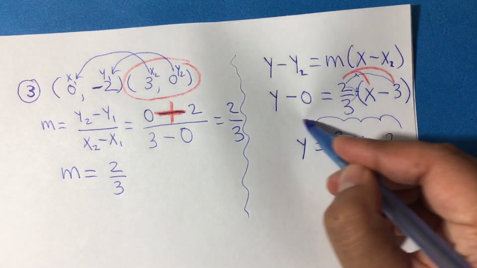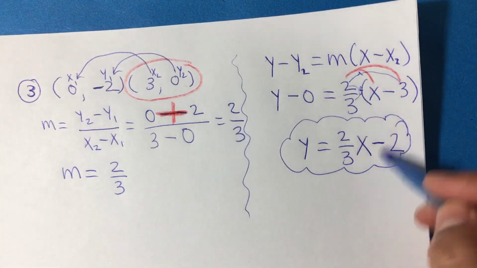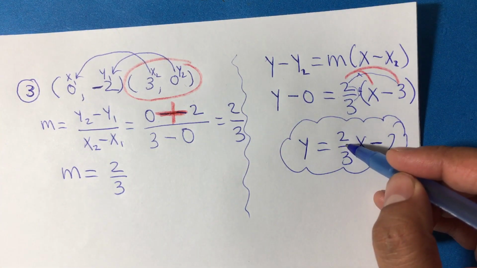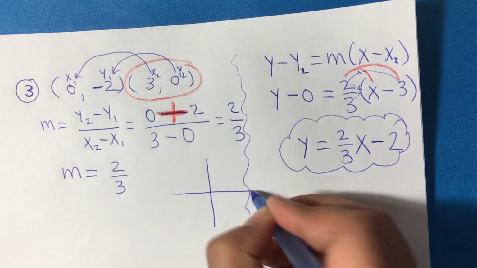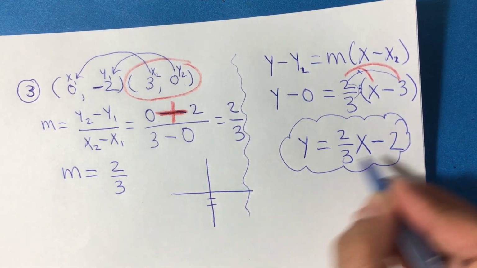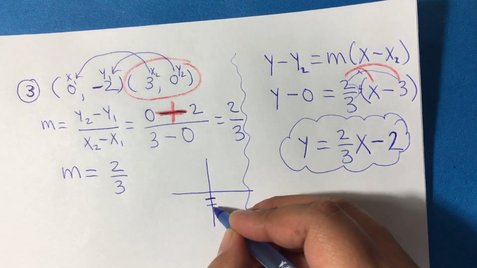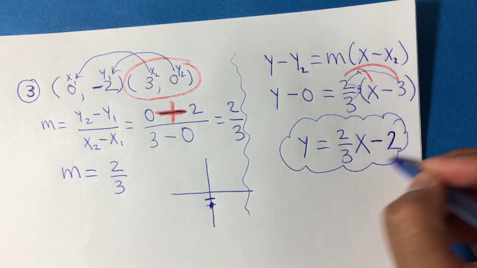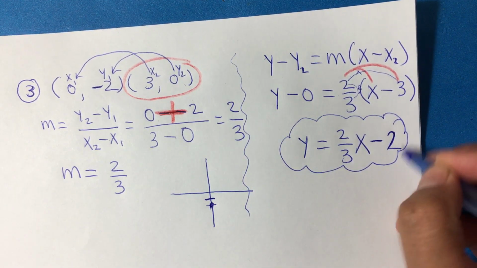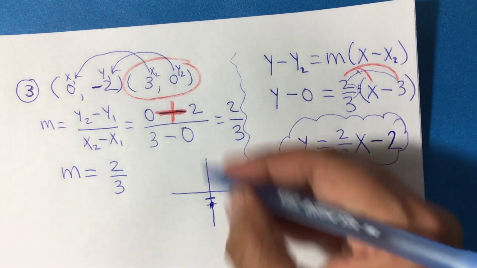Okay, the b is -2, meaning the initial point, and then your m, which is rise over run, is 2/3. Again, you don't have to do the graph, but the initial point is -2. The more you see it, the more you will remember. So -2 is my initial point. This is the first point. It's b, the y-intercept, always on y.